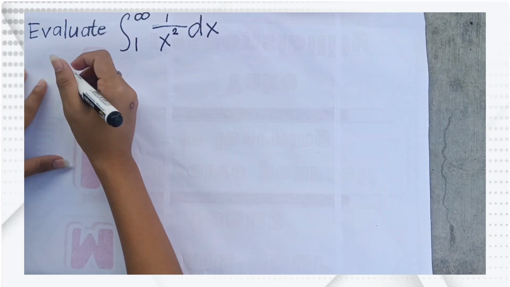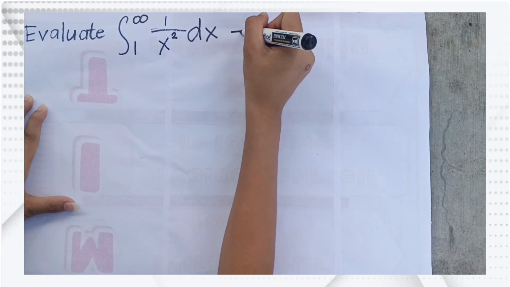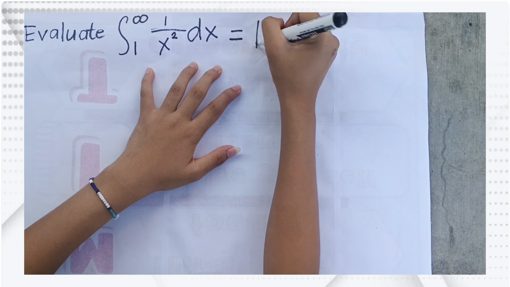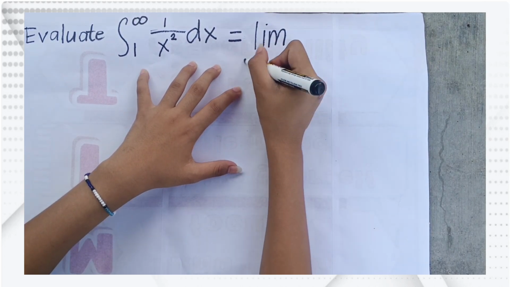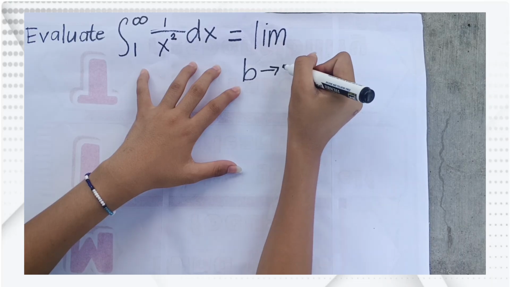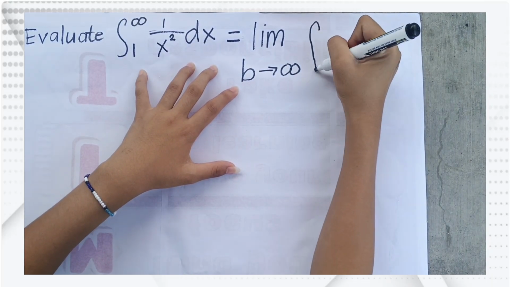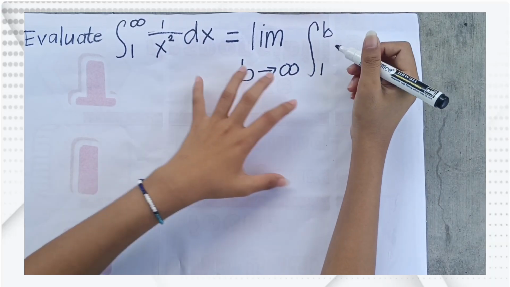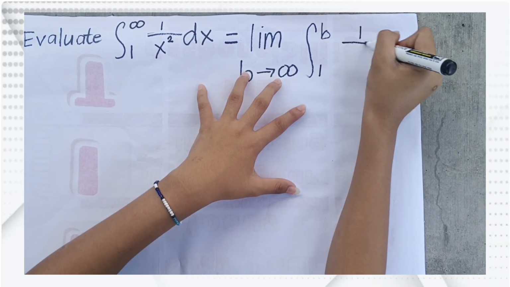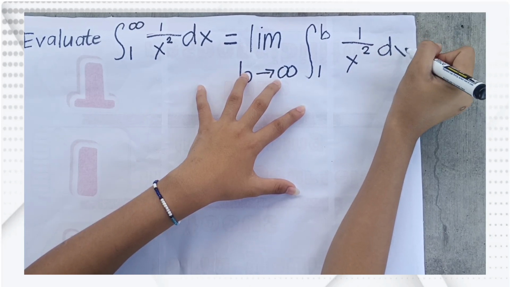The first step is to rewrite it as a limit. It is equal to the limit as b approaches infinity of the integral from 1 up to b of 1 over x squared dx.